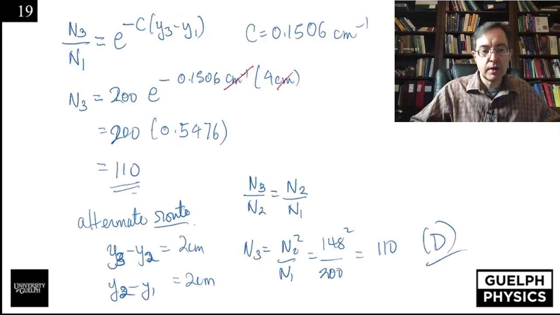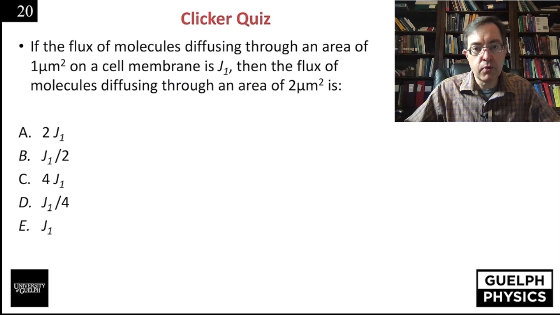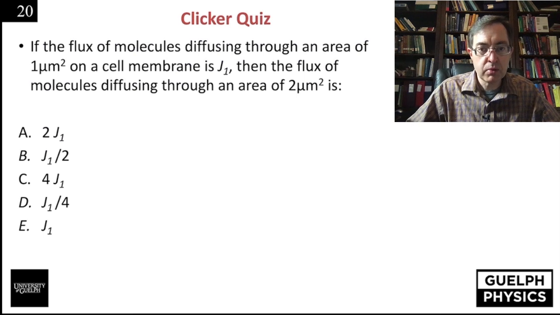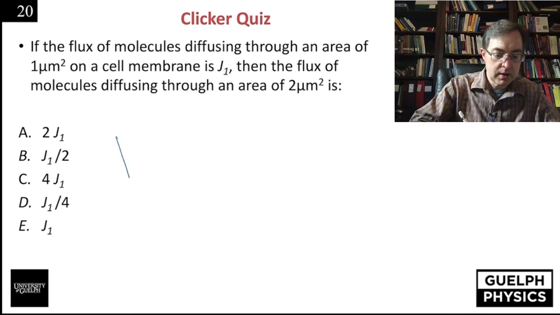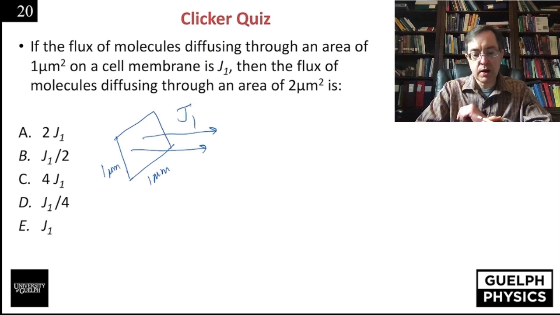Okay, one final problem here. If the flux of molecules diffusing through an area of 1 square micron on a cell membrane is J1, so there's 1 micron by 1 micron, and I have some particles moving through it like this, and a flux J1 through a cell membrane.